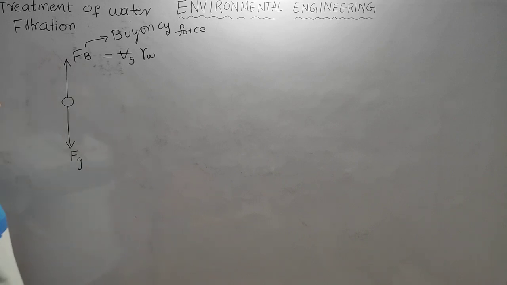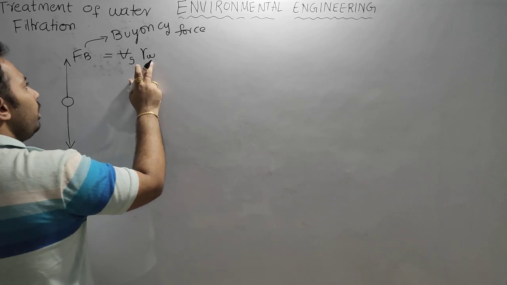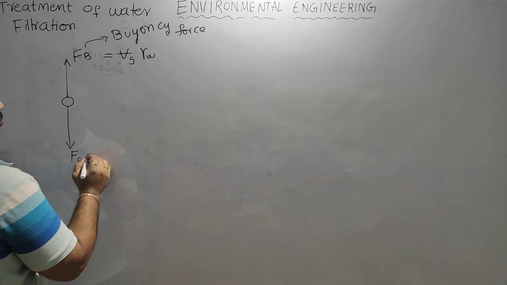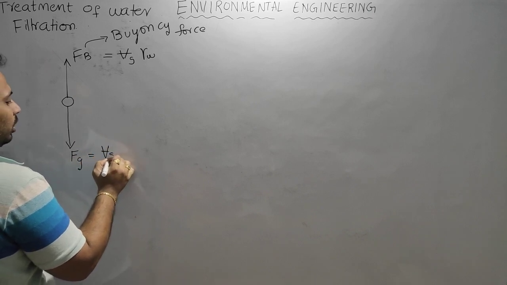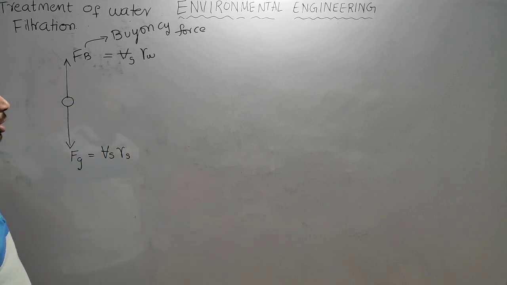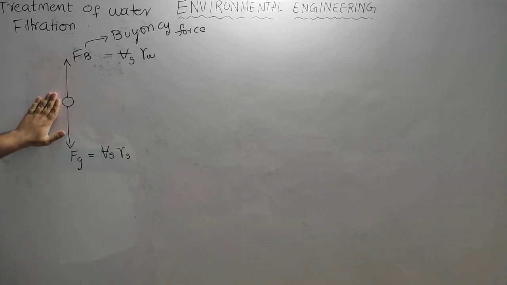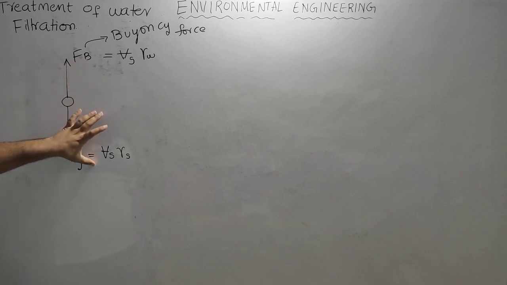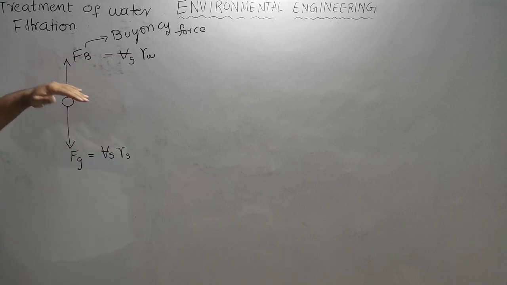Here it is water, so the volume of solid into gamma W. The weight of the material is the volume of the solid into gamma of solid. This is the weight and this is the buoyancy force. Whatever the difference is, that much force it can take, isn't it? The difference of the buoyancy and the gravity force is the force which we can apply in the opposite direction.